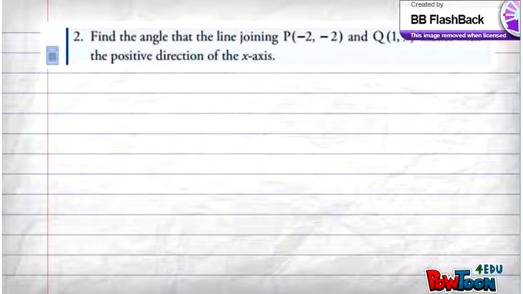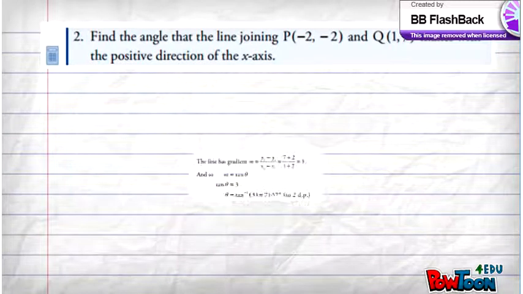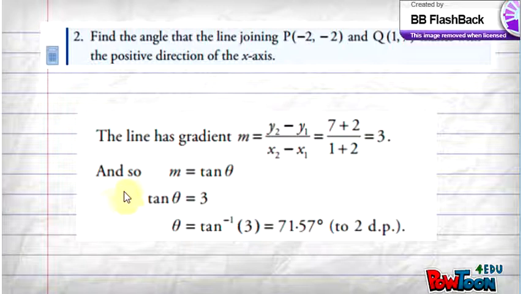Here's another example. Again, stop the playback and try this one. In this case, we're using the formula, the difference in the y coordinates over the difference in the x. So it's 7 minus minus 2, which is where we get this plus from. And it's 1 minus minus 2 for the x's, which is where we get this plus.